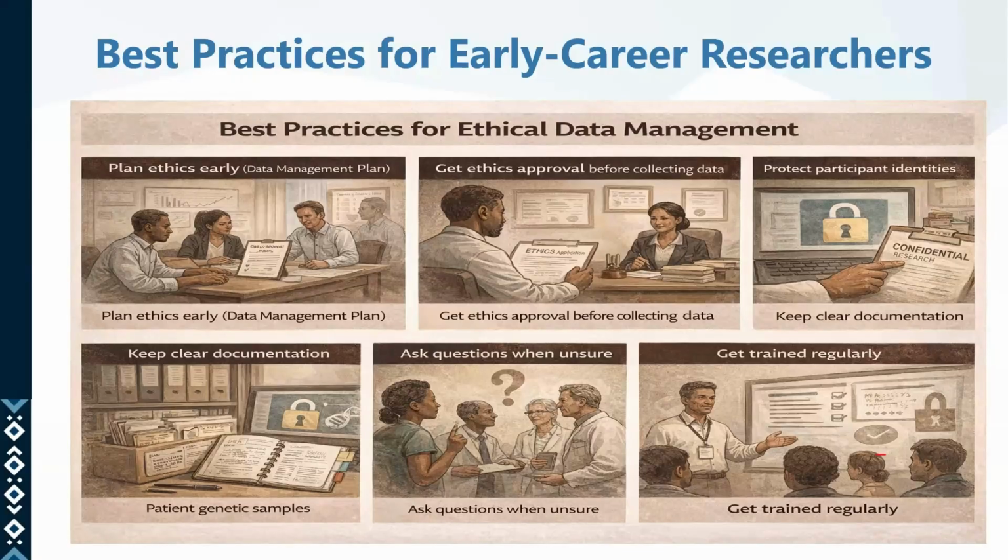Always get ethics approval before collecting any data. Protect participant identities. Keep clear documentation. We usually say what is not documented is not done. Ask questions when unsure and get trained regularly. That's the importance of continuous training.